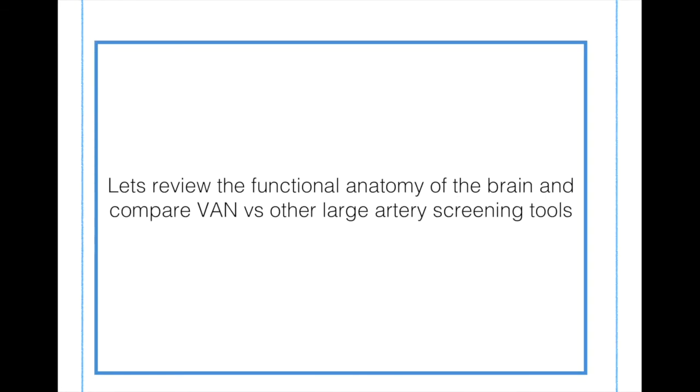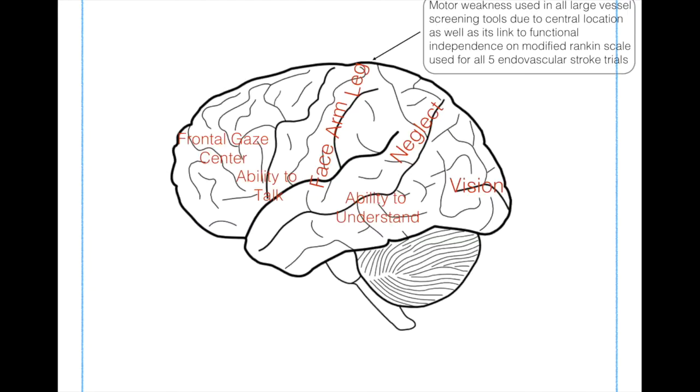Now let's review the functional anatomy of the brain and compare VAN versus other large artery screening tools, right? Because now I've kind of gave you the basics of what the difference between large artery and small vessel stroke is. So now we know, right?